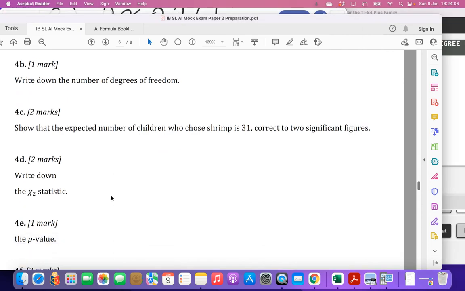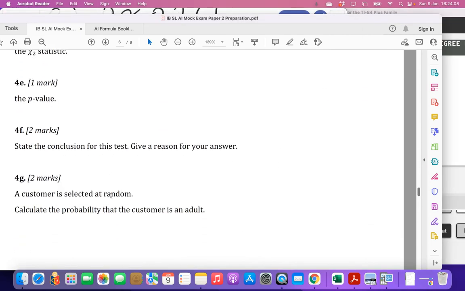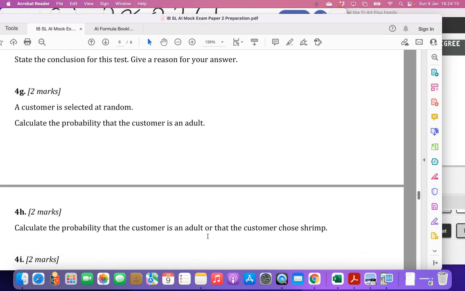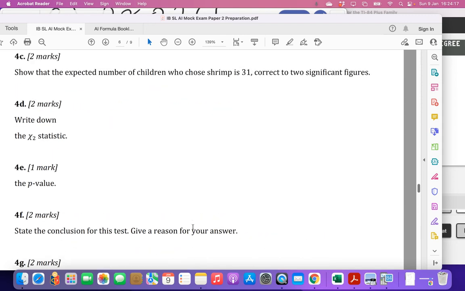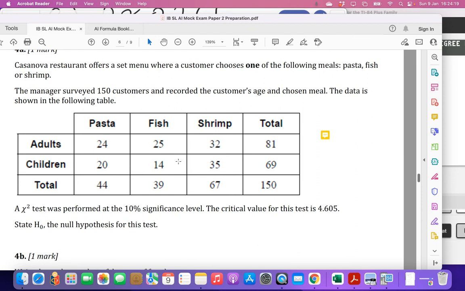This word "or" means that I'm going to be adding, or that the customer chose shrimp. Okay, so we know there are 81 adults, but I can't count this 32 twice here for the shrimp.